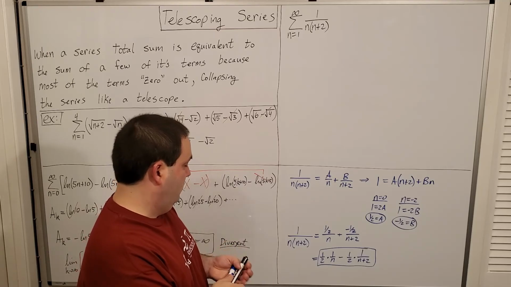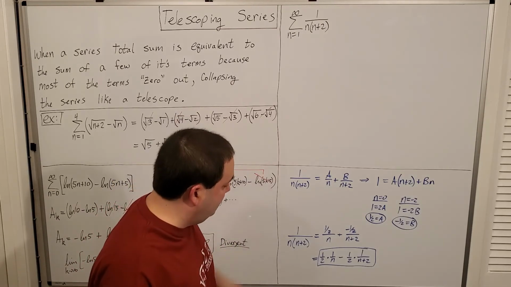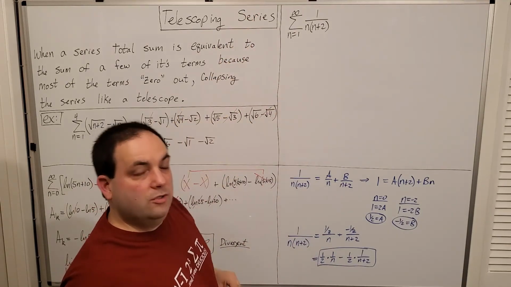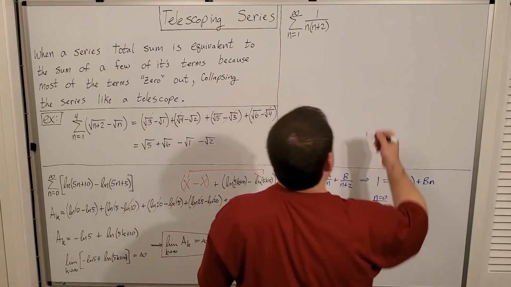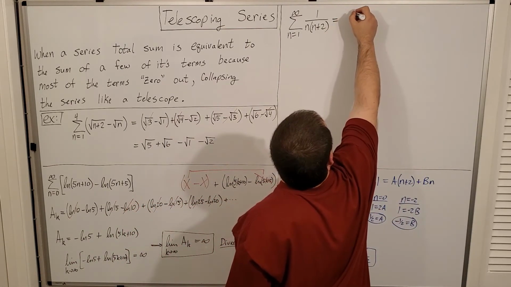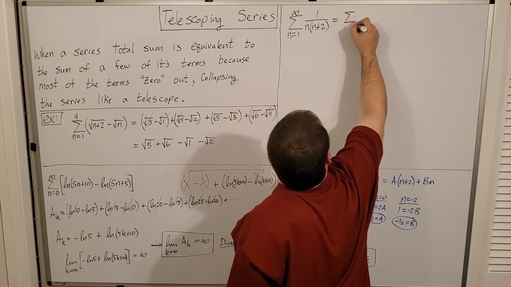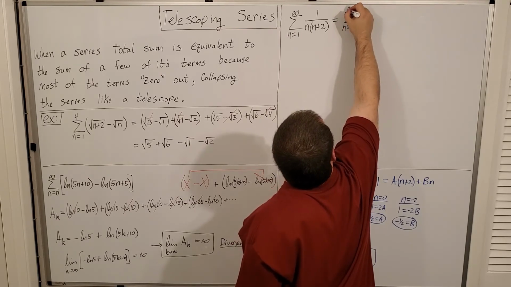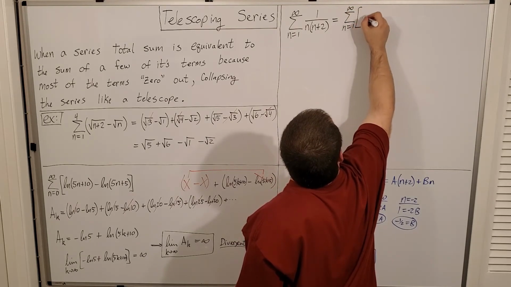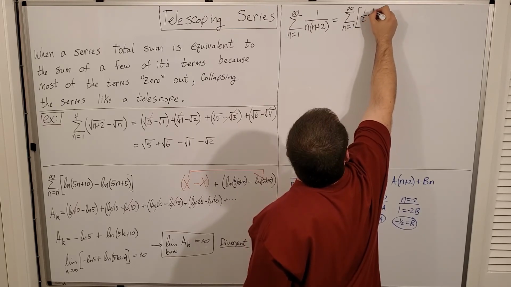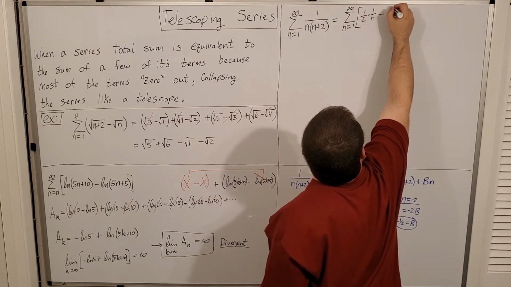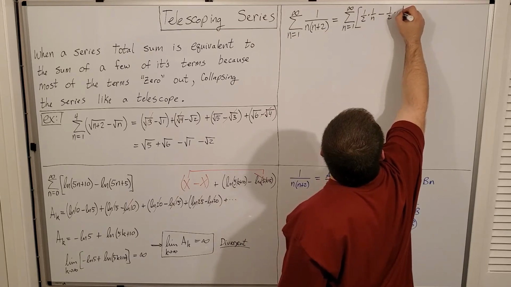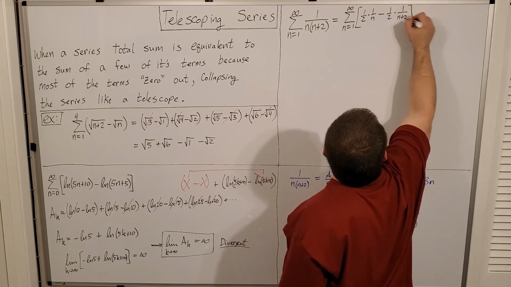So, now I'm going to bring that decomposition back up here to my actual series. I'm going to decompose the series n equals 1 to infinity of 1/2 times 1 over n minus 1/2 times 1 over n plus 2.